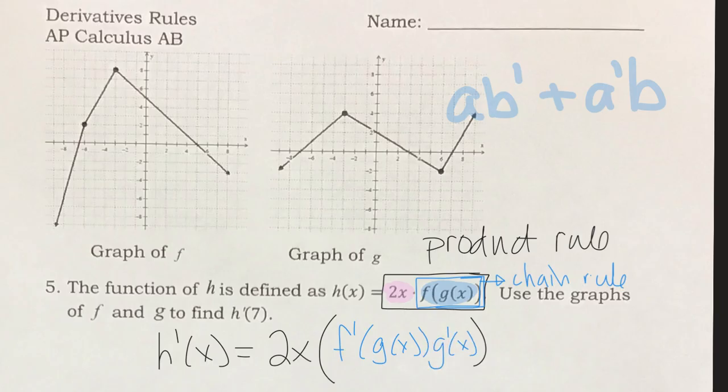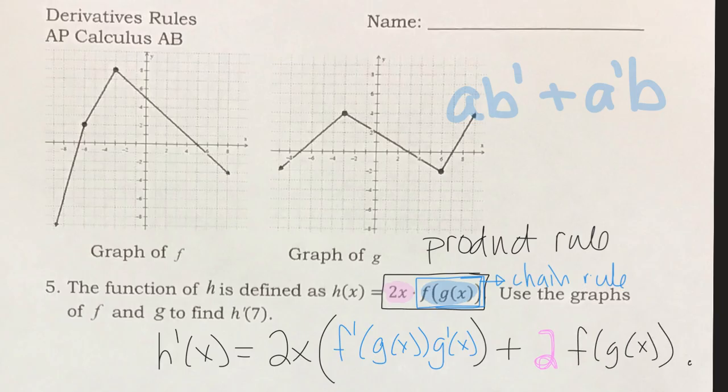First we take the derivative of the outer function, which is f. So there's our f function, and we leave the inner function alone. Nothing has changed on the inside, and then we multiply it by the derivative of the inside. Okay, plus. Now let's go back and take the derivative of 2x, which is just 2, and we're multiplying that by f of g of x.